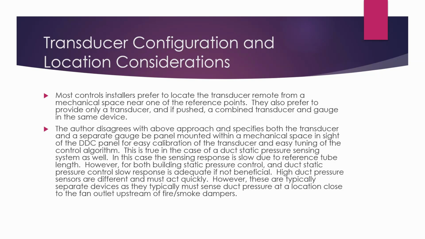Now, I will mention that a high duct pressure sensor is different. That needs to be sensed quickly. However, that typically happens within the mechanical room upstream of the fire smoke dampers that are at the mechanical room boundary, or often at the mechanical room boundary. So that's a little bit different case.